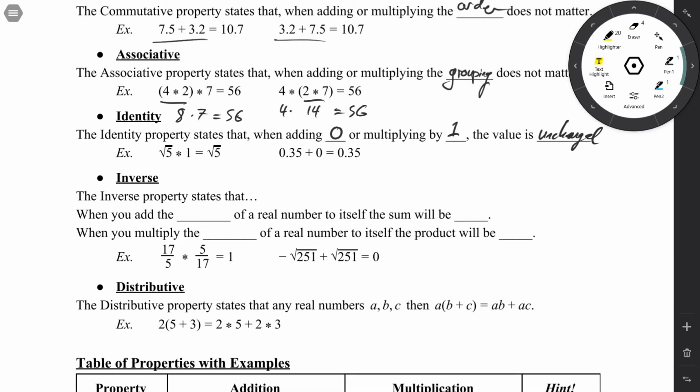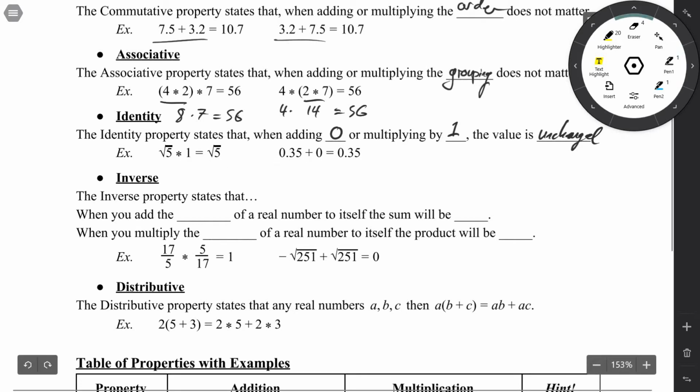So this is just a quick go-to example. The square root of 5, even though it's irrational, still a real number, multiplied by 1 is going to equal the square root of 5. And just as we're looking at here, 0.35 plus 0 is 0.35.